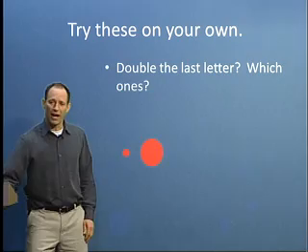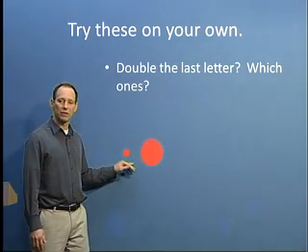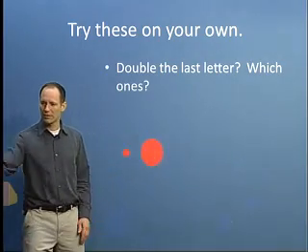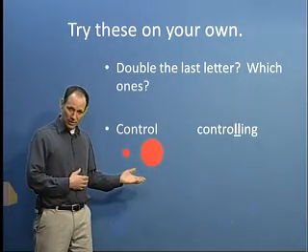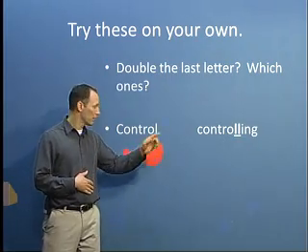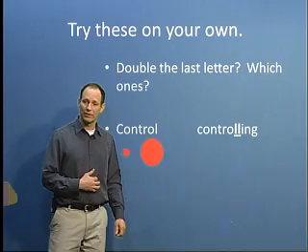Which one sounds better? I think it sounds best as control. So the stress on the second syllable, which means, because the stress is on the second syllable, if I add ing, I'm going to double the L.